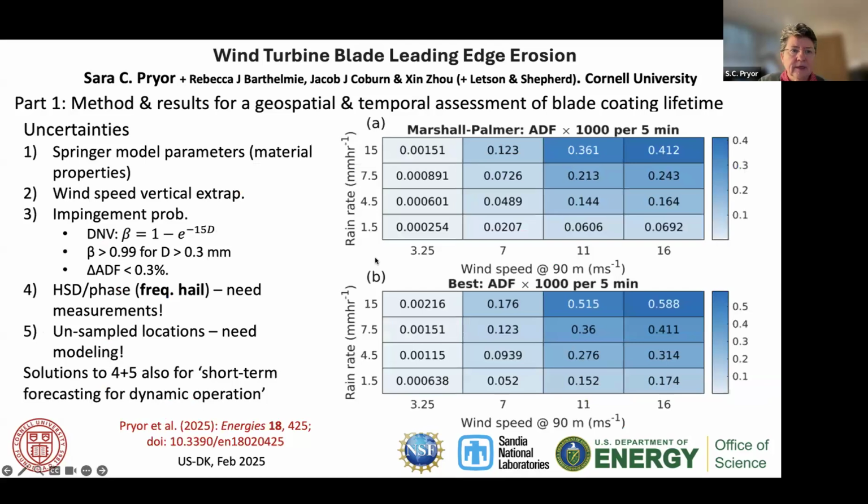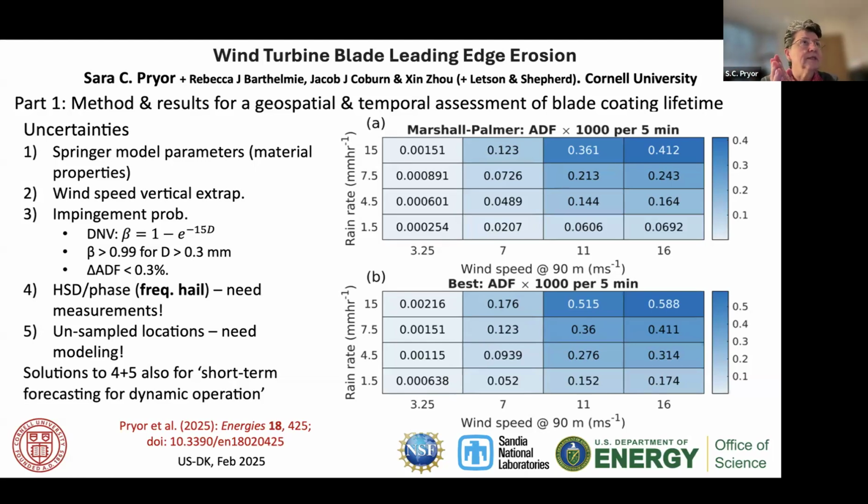Of course, we should say we've released this atlas. We don't begin to suggest it's the final word. It's an initial start. So we can ask, what are the uncertainties? We're using a material science model where we can vary those parameters.